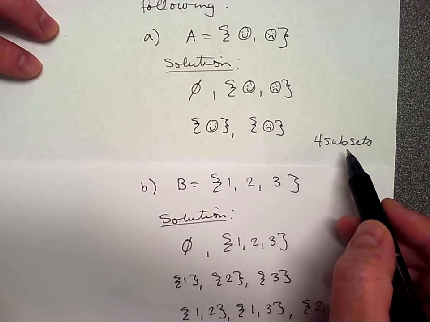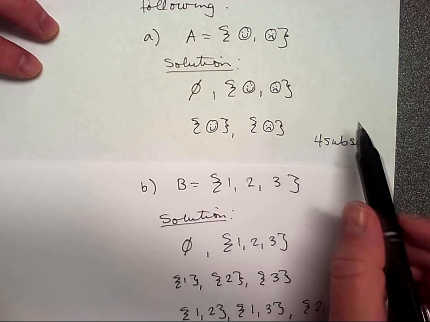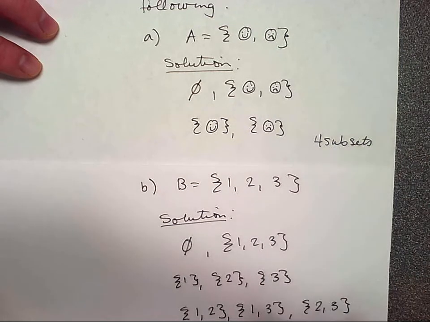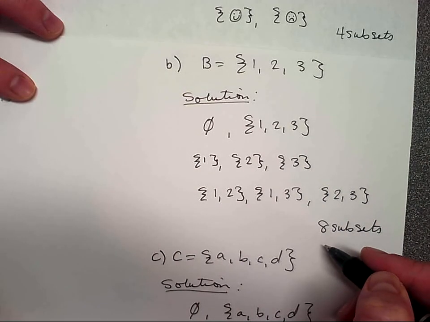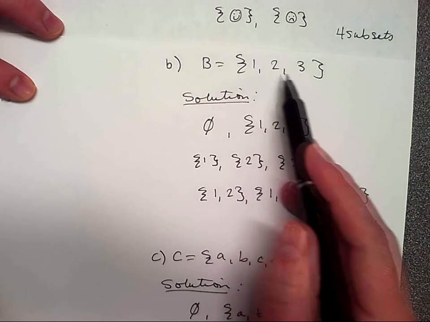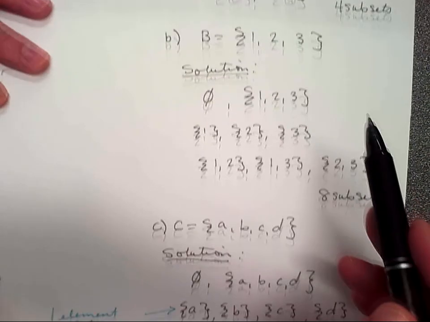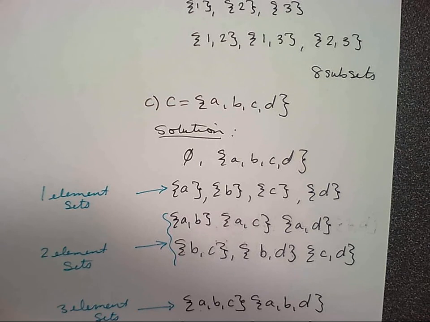So 4 is 2 squared. There's 2 elements of the set, okay? 8 is 2 to the what power? 3. And there's 3 elements of my set. 16 is 2 to the 4th, and there's 4 elements of my set.